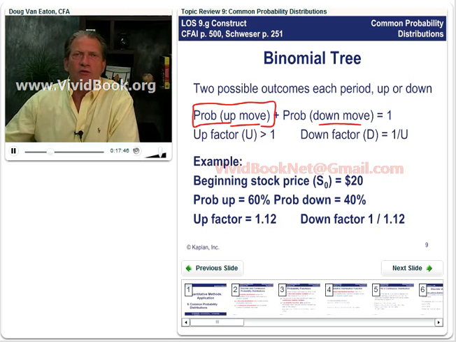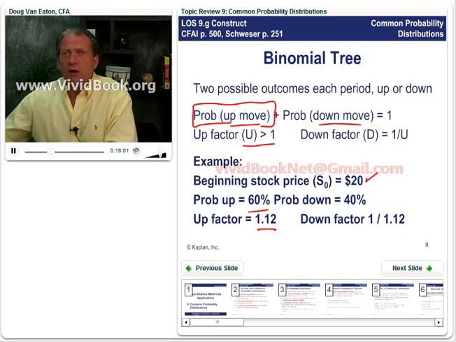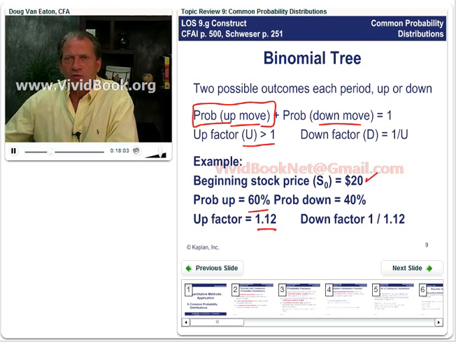And we use this often for asset prices. In the example, we're going to start with a stock price of 20 and say the probability of an up move is 60%. And our up factor is 1.12. Now, our down factor is just going to be the reciprocal of that, 1 over 1.12.